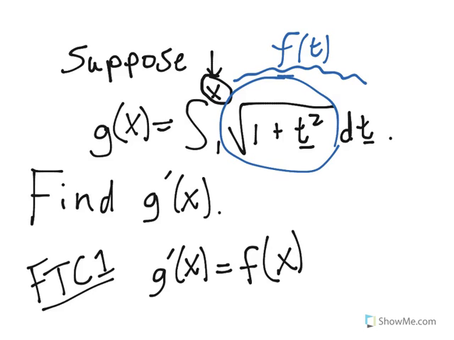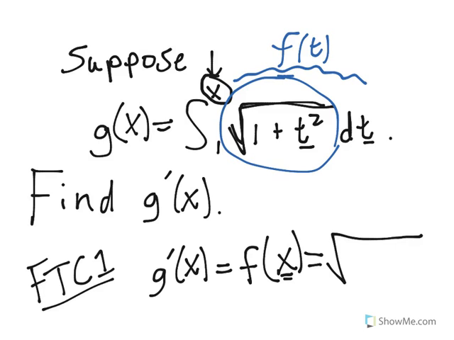Well, remember what f of x is. f of t is the function that's inside, the square root. So basically it says take that function that you had inside, and the derivative and the integral sort of cancel each other out, but you don't get f of t as your answer. You end up getting f of x as your answer.